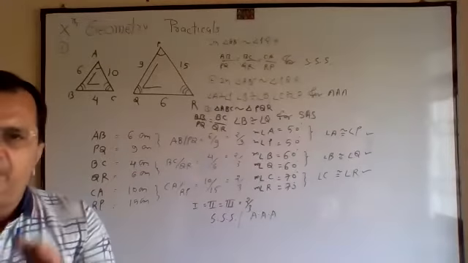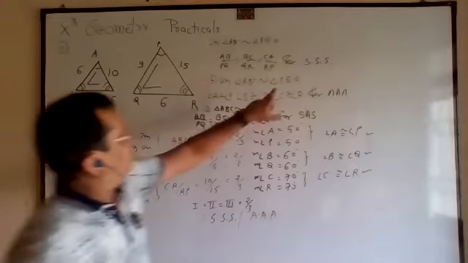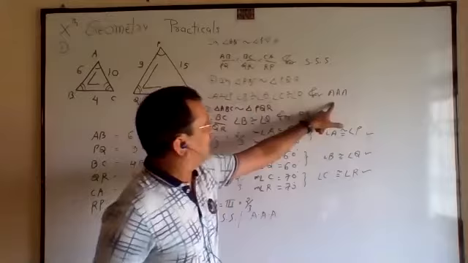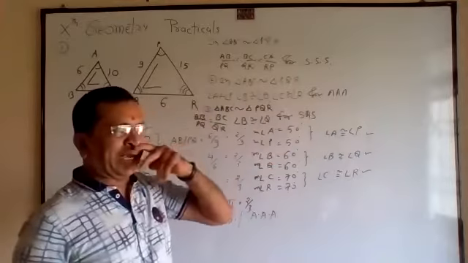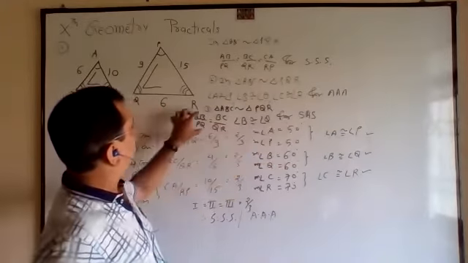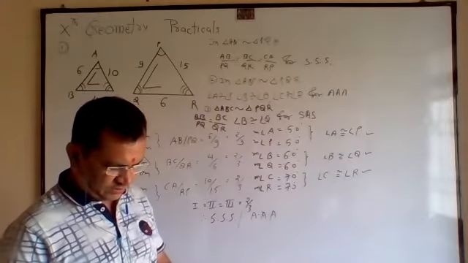Both are similar, but according to the requirement they have asked to write. For SSS, you have to write three sides are in proportion. For AAA, you have to write three angles are congruent. Then they have given for SAS, so two sides in proportion, included angle are congruent.